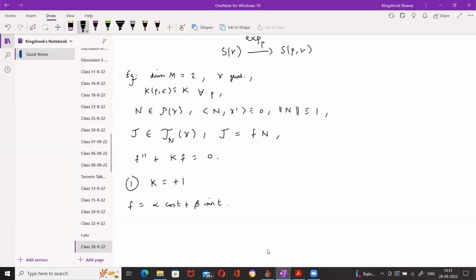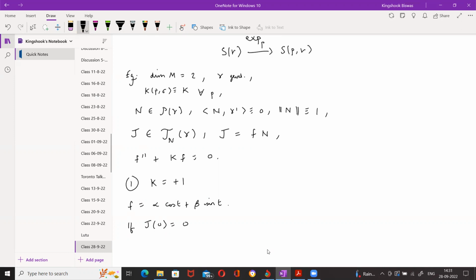And if J0 is equal to 0, these are the kind of Jacobi fields we get when looking at the differential of the exponential map. These correspond to geodesic variations where the initial point P is fixed.